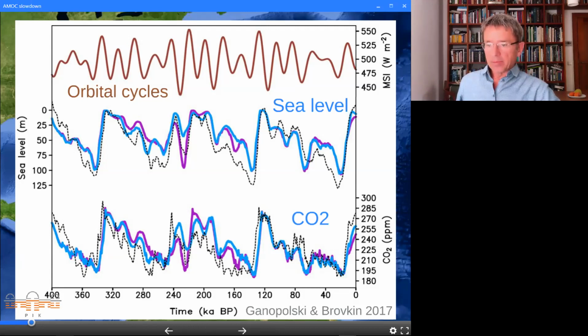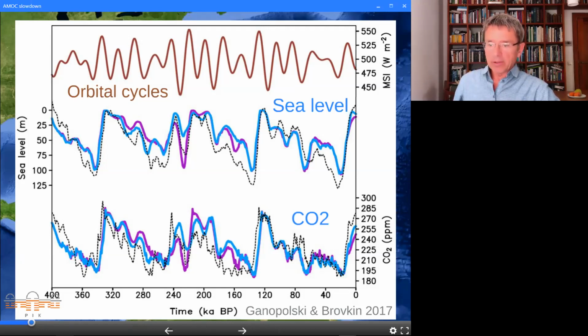In the middle panel, you see the sea level changes. The black dashed line is the data, and the blue and purple lines are two model versions with different parameter settings. Between the ice ages and the interglacials, there are very big sea level changes, of the order of 120 meters of global sea level change, and the model reproduces these very well.